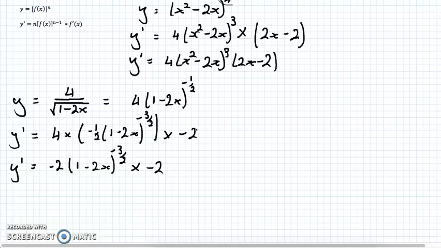Let's then collect these two terms together, the minus 2 and the minus 2, and you'll end up with our derivative of 4 times 1 minus 2x to the power of minus 3 on 2. And you can just leave it like that. That is perfectly acceptable. So that's the basis of the chain rule.